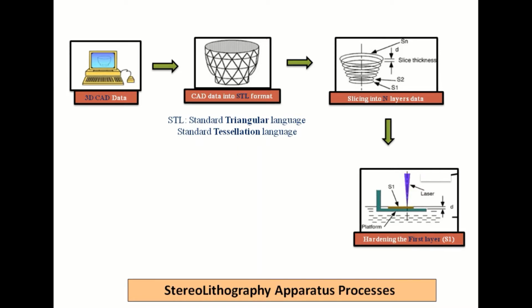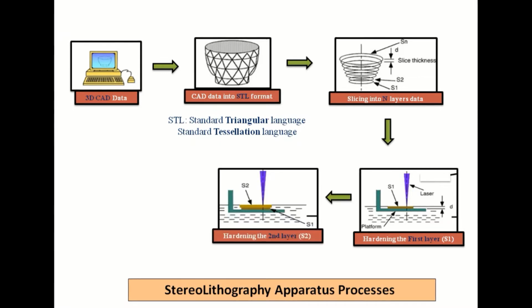So here we have a platform. On that platform, we draw a laser on the liquid. When this laser draws a pattern on the liquid, it solidifies and we get a solid layer S1. It is the first layer.